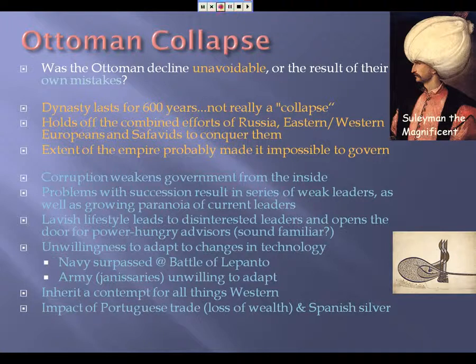And so therefore there was no reason to change. And so even when the Europeans start developing better guns and better ships, the Ottomans dismiss it. And they're like, nah, their stuff can't possibly be that good. They're European. We're Ottomans. We're amazing. Nobody can compete with us. You think that long enough, you fall behind, just like China did.